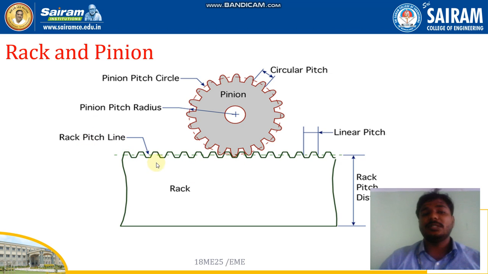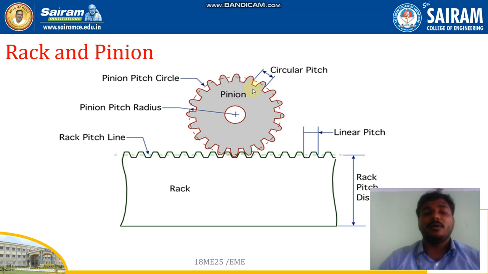Now we can see the rack, in which the teeth are cut in a straight line, and in the pinion the teeth are cut in a circular way. Whenever both start meshing, the pinion gives circular motion and the rack gives linear motion.